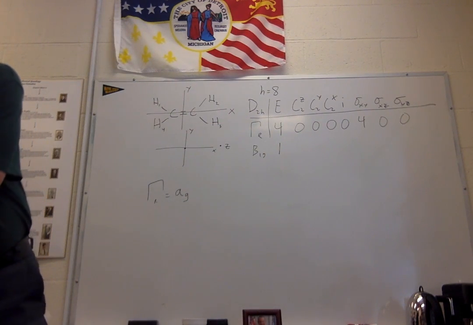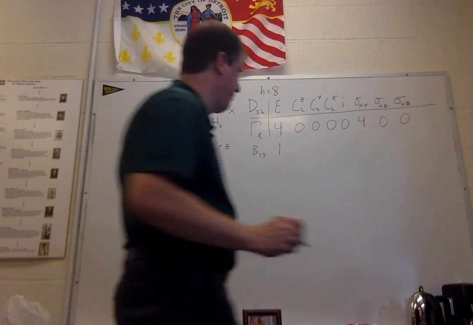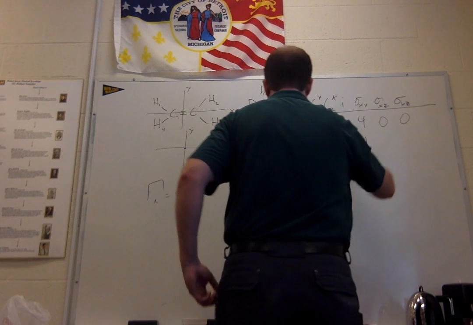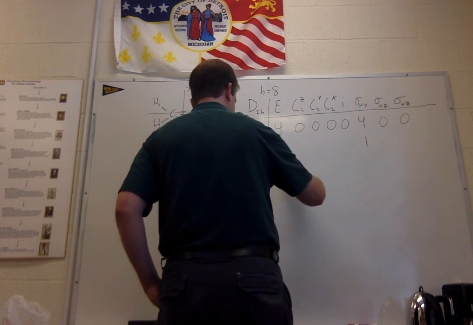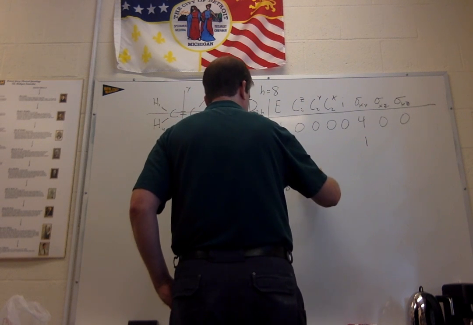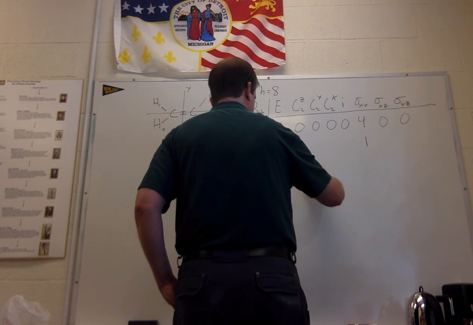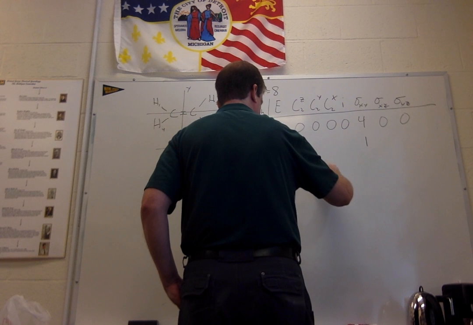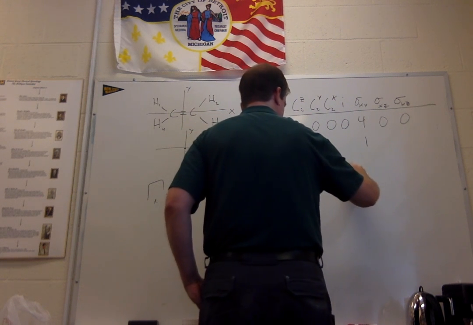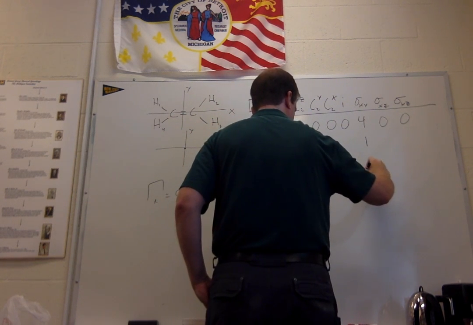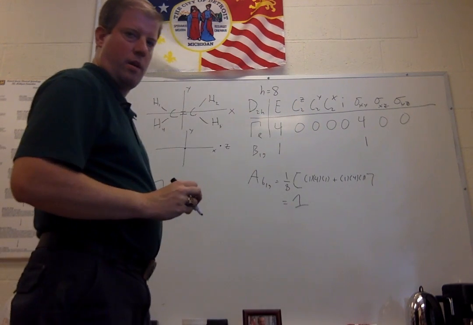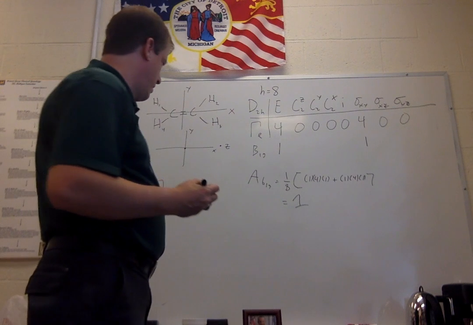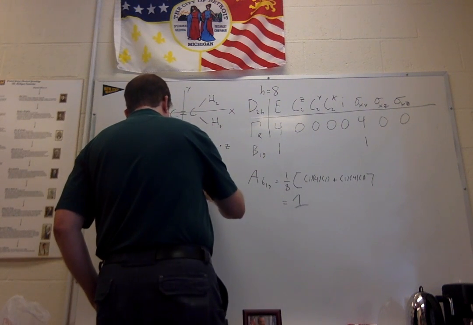And under the XY plane, we also have a 1. And so the contribution is effectively the same as the last one. So we're going to have an orbital that is B1g as well.